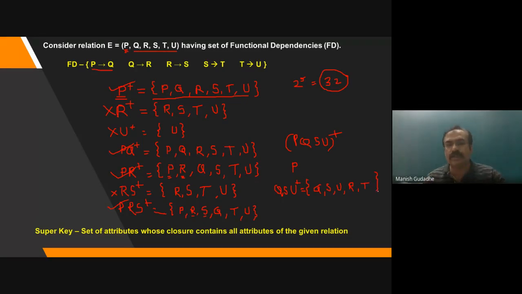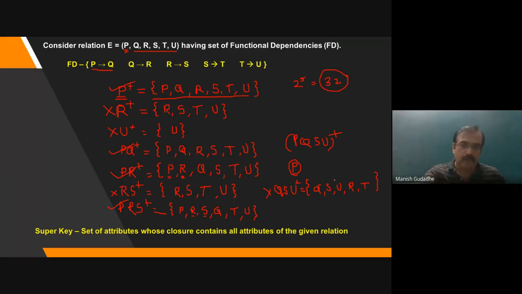So QSU, if it is a key or set of attributes, it is not addressing all the elements in E. That's why it cannot be a super key. This will not be a super key. So every time P will play an important role because that is the only single attribute which is addressing all the elements.